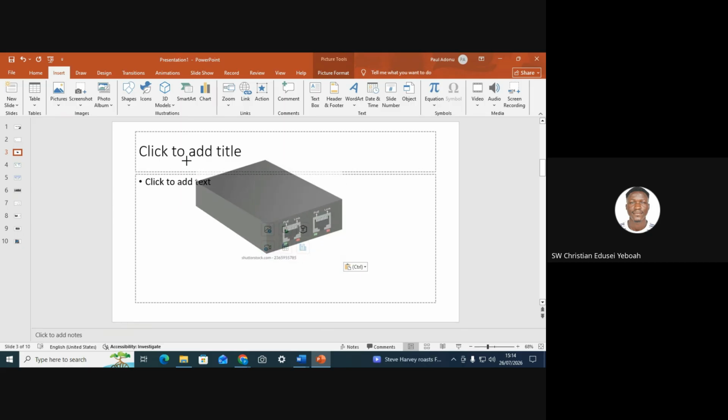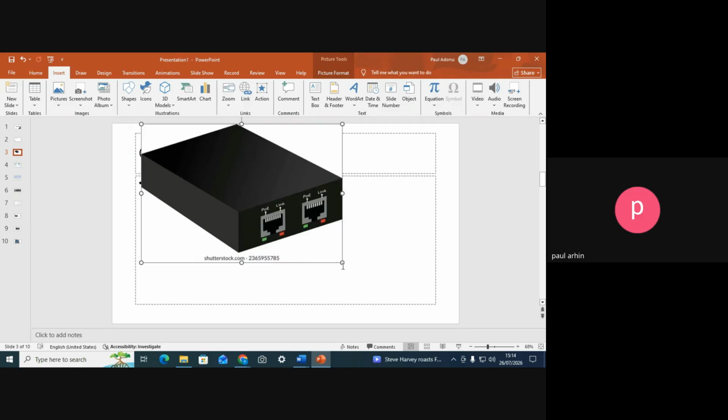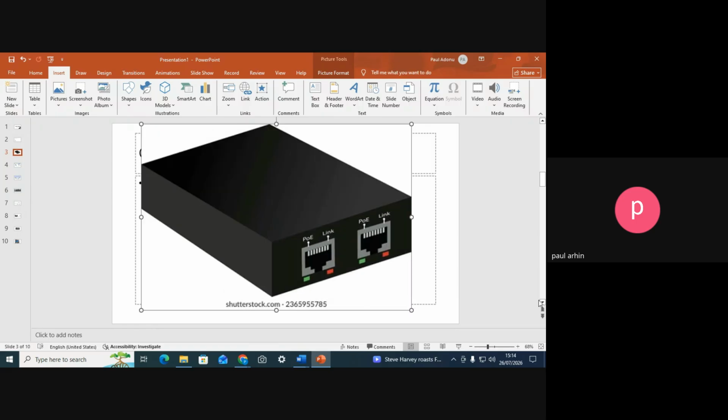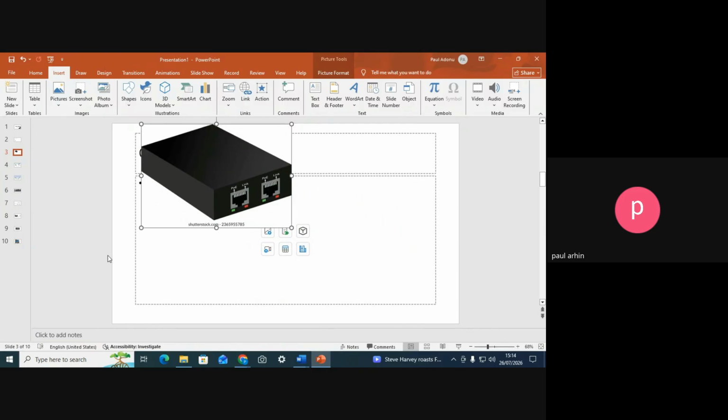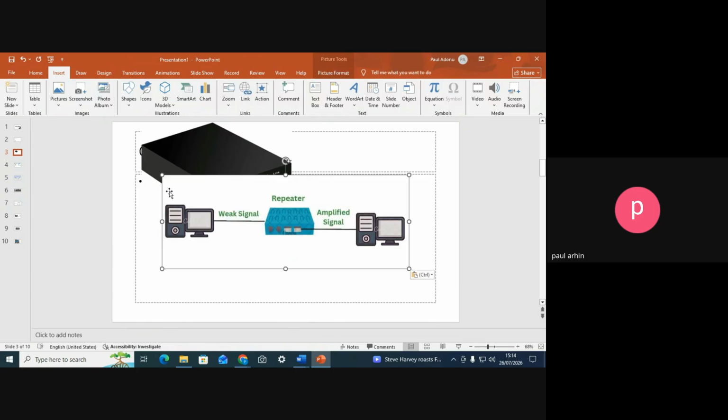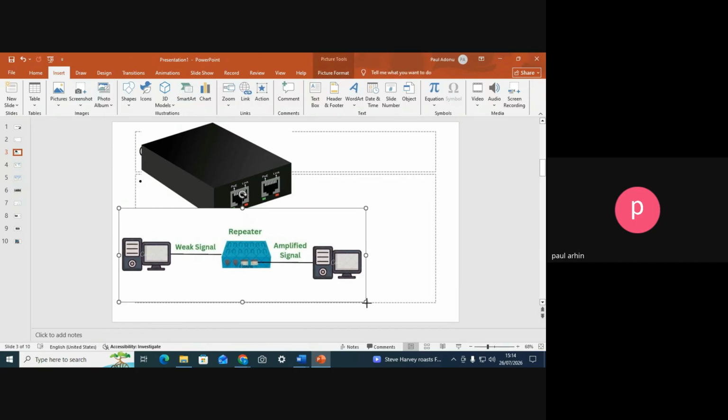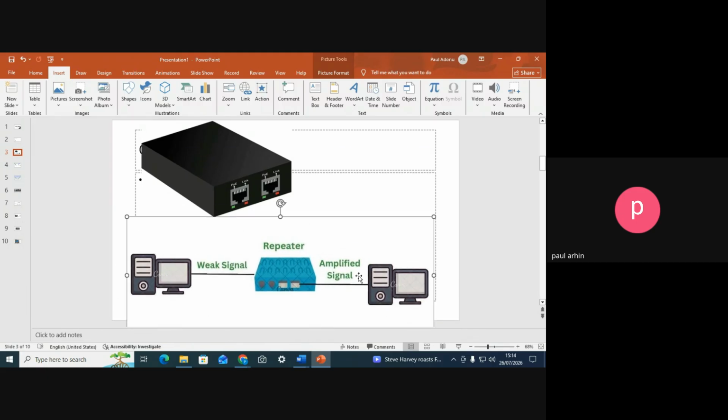Here's an image of a repeater. So maybe this will complement it. That's a complement. Good. So see what's on the screen now.